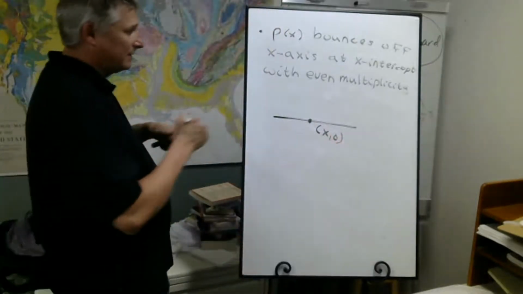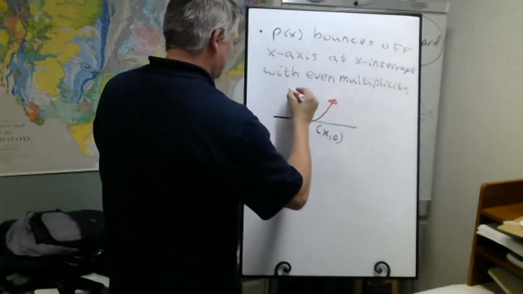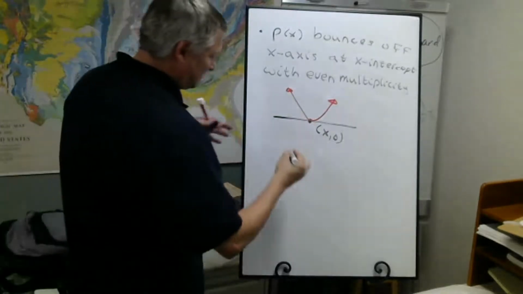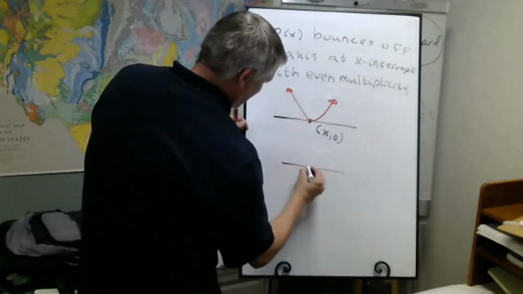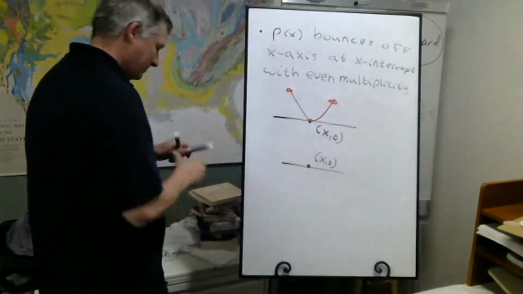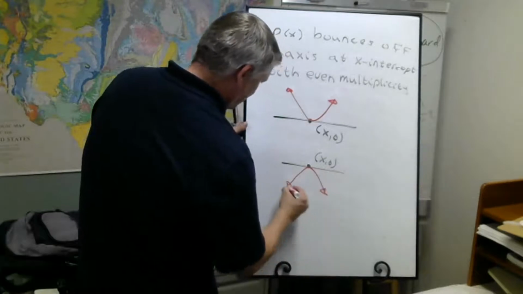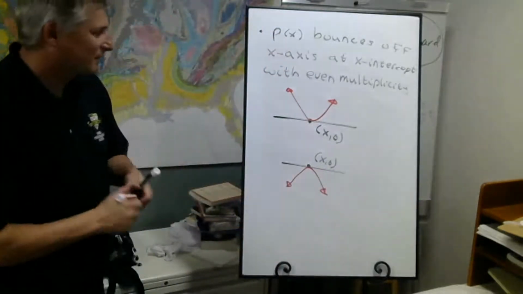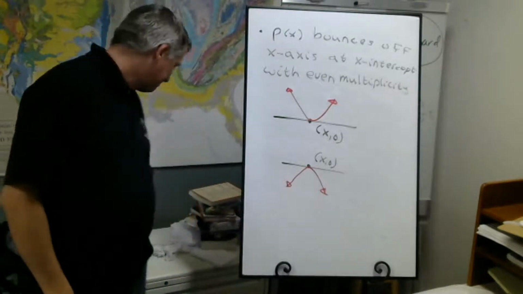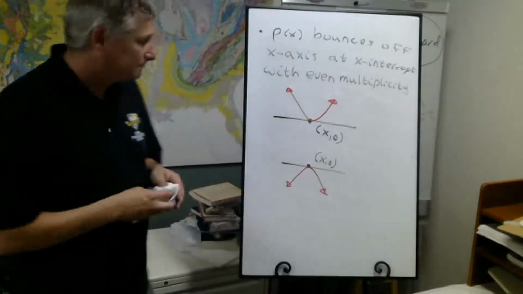So it might do something like this. Or you might see something like this. Now, there are two sort of classic examples of this, and it has to do with x squared and x cubed.